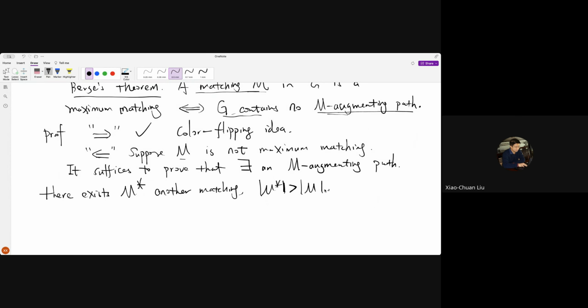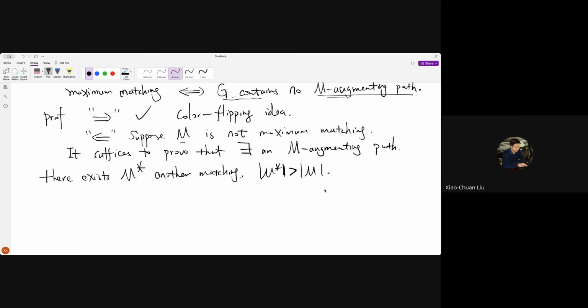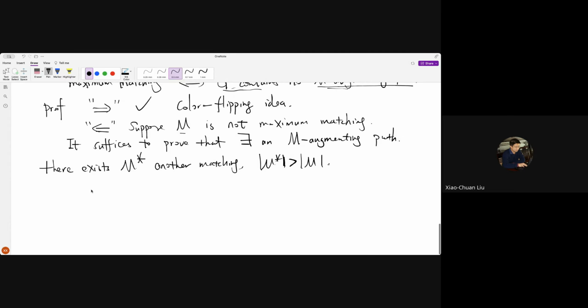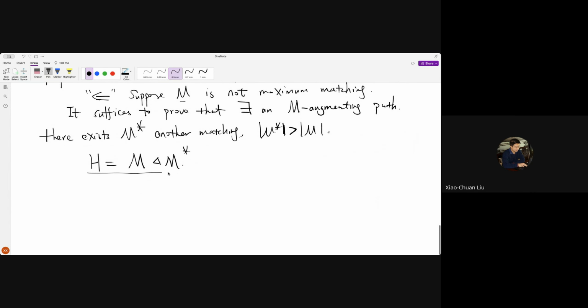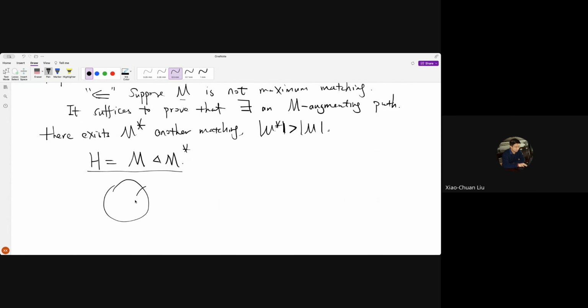All right. What follows is a little abstract, but I think it's very beautiful. We're trying to look at a graph which is strange: the symmetric difference of M with M star. So what is the symmetric difference? It is from set theory.